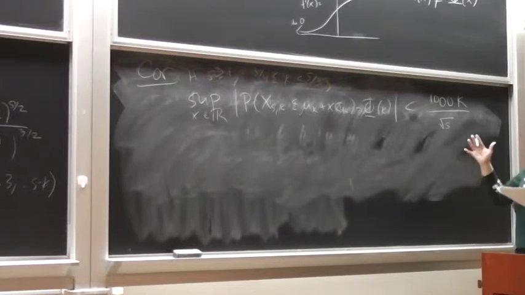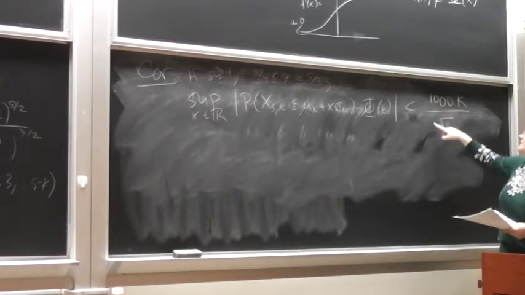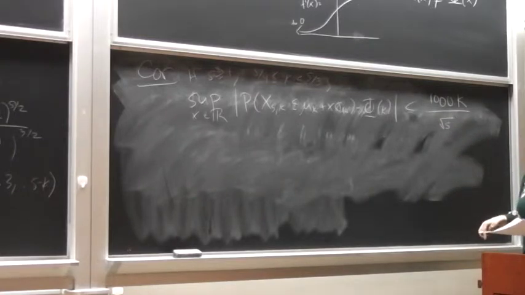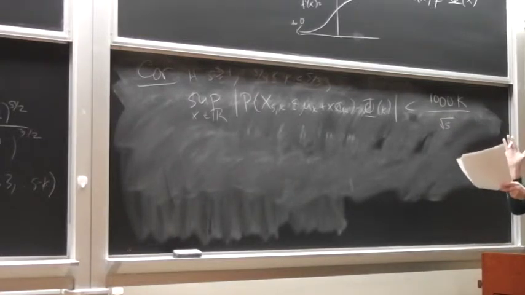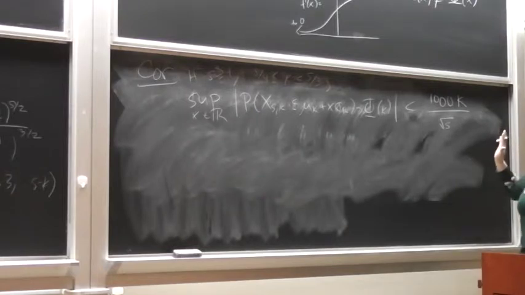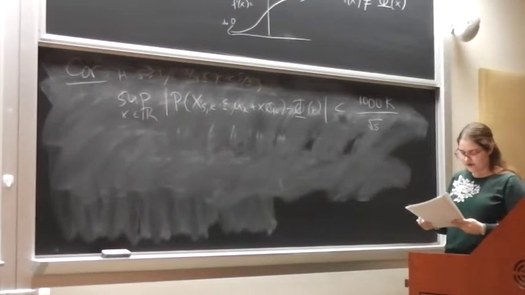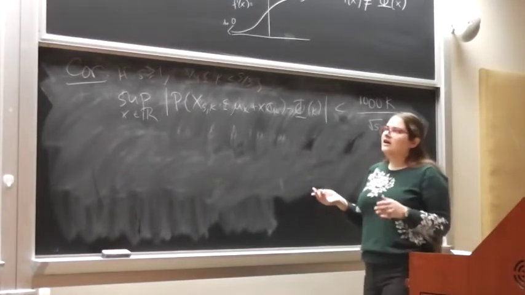So this is why ultimately the theorem we end up with is going to have an order 1 over square root s thing in it. Because inside this range, that's what we're going to get, and then outside the range we'll show that it's negligible, it's not important. All right, so what have we said so far?